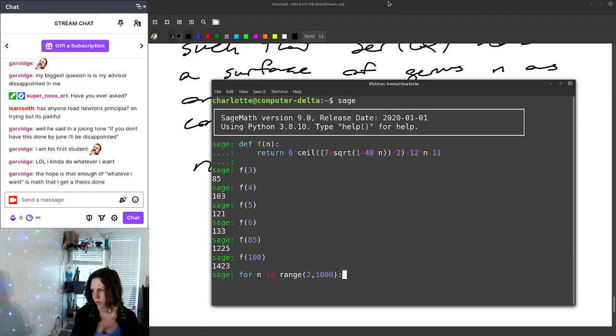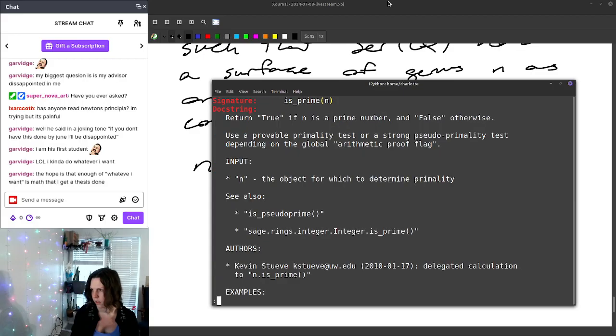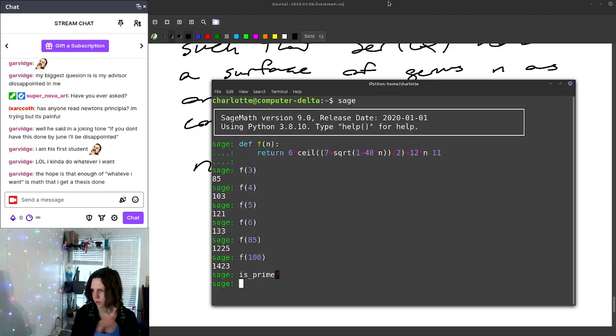Let's just do 2 to 1,000. I think is prime is the function. Okay, well actually let me just check first. Okay, that's the correct function.